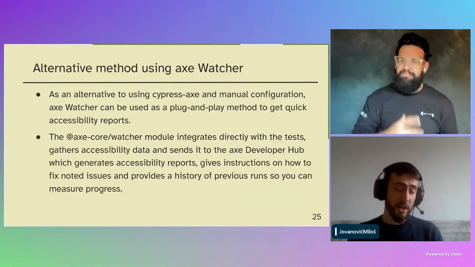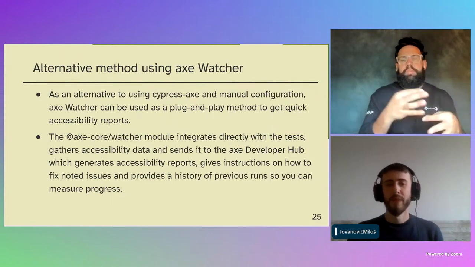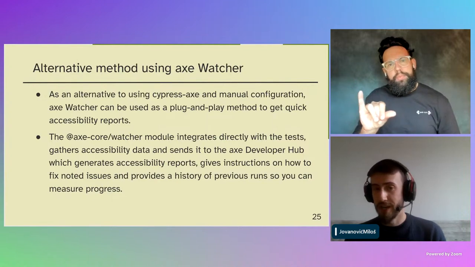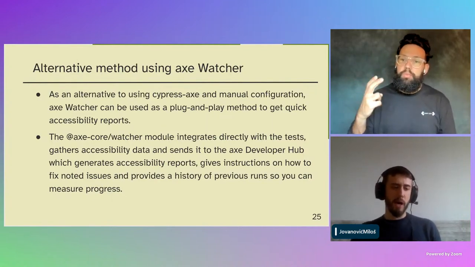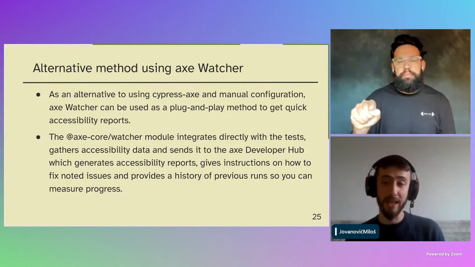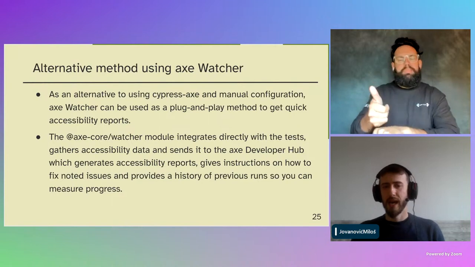Now, an alternative to this approach with Cypress X plugin is the X Watcher. The X Watcher is a much more plug-and-play solution and has a couple of notable differences.